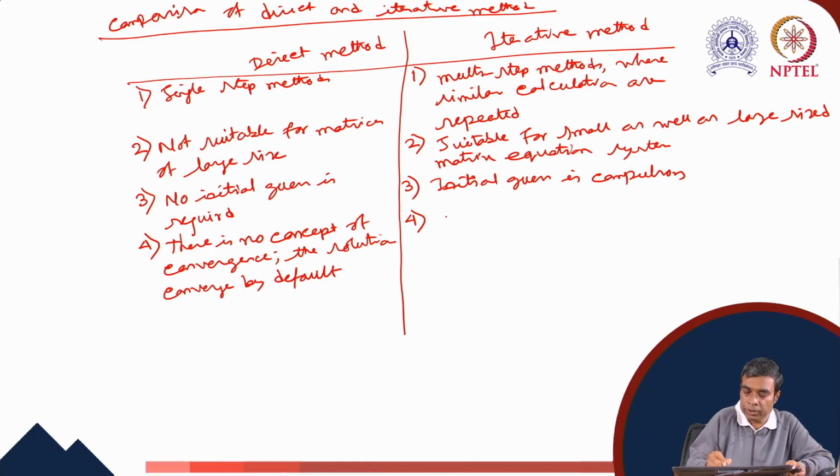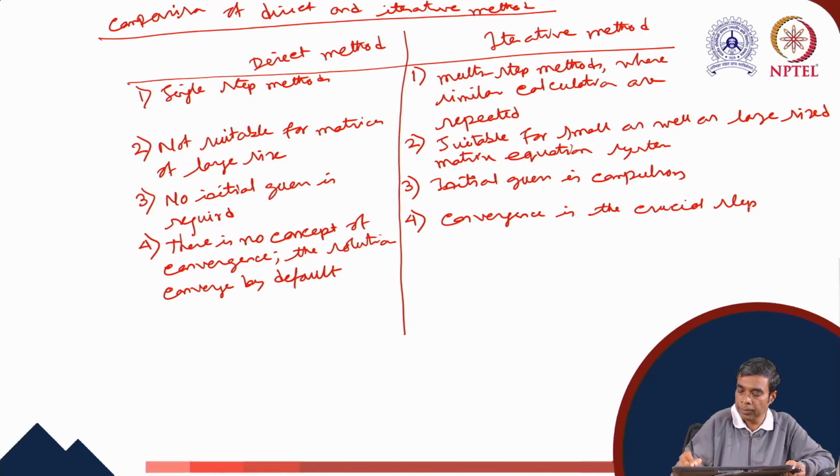In iterative methods, convergence is the crucial step that governs acceptance of the solutions.